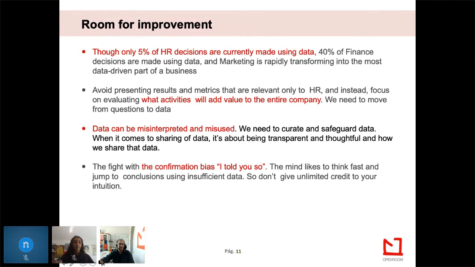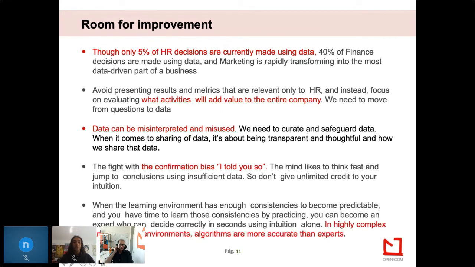And finally, it's true that if your business environment is predictable and you learn through consistency and become an expert, you can decide correctly in seconds. But in the highly complex and uncertain environment that we are working in now, algorithms are more accurate than experts.